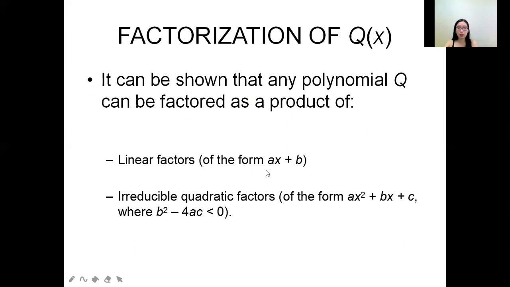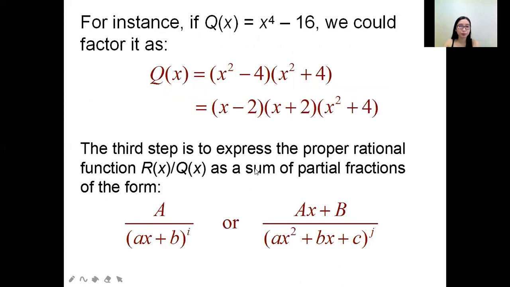So, when we say irreducible quadratic factors, it is in the form of ax squared plus bx plus c, where b squared minus 4ac is lesser than 0.